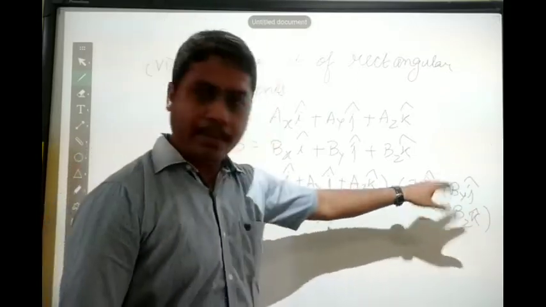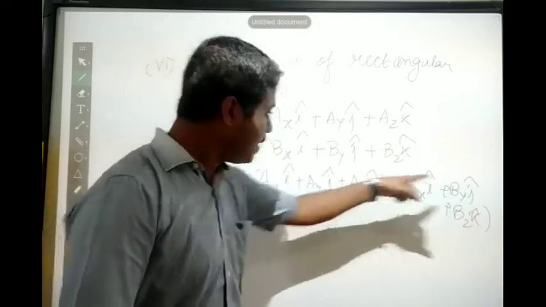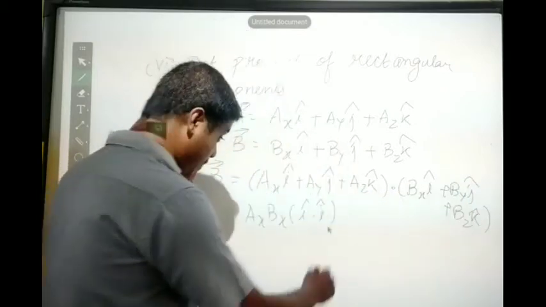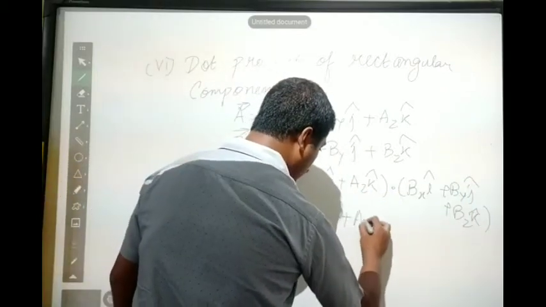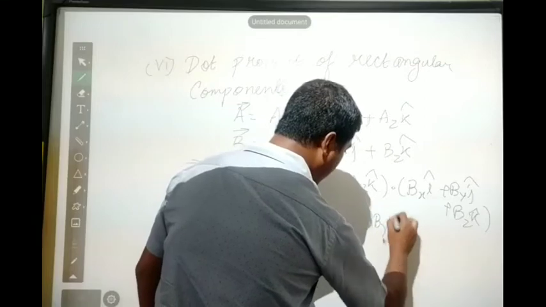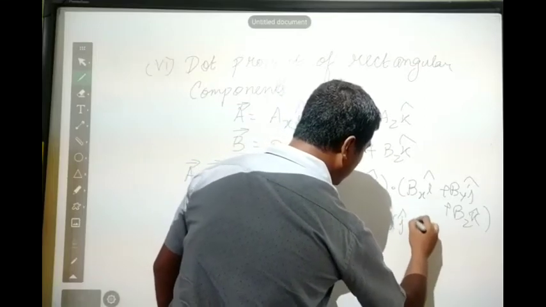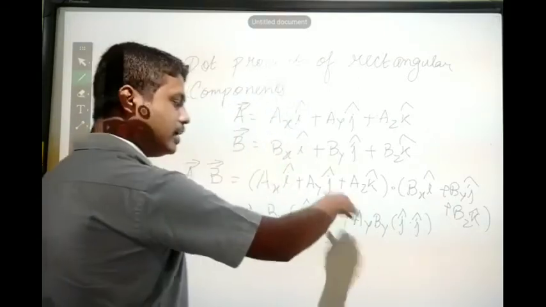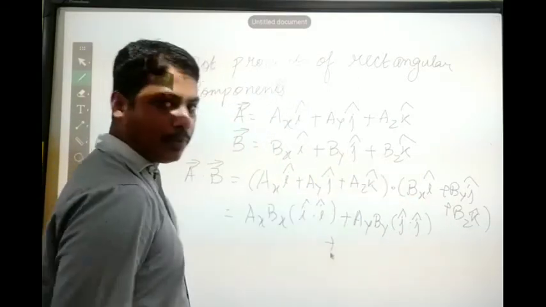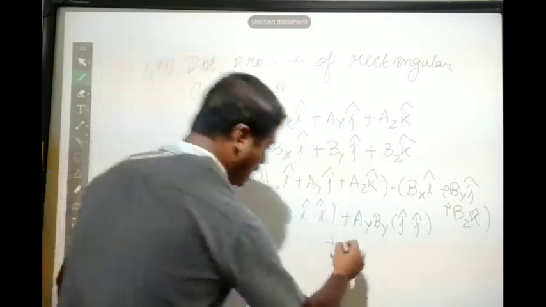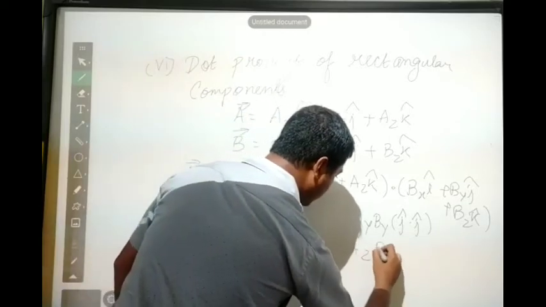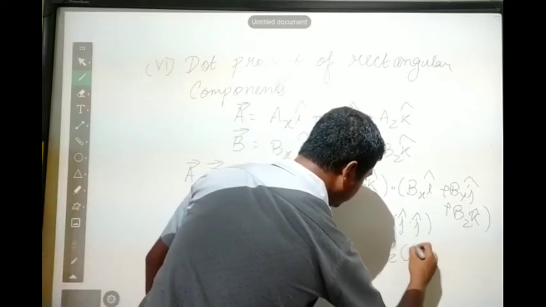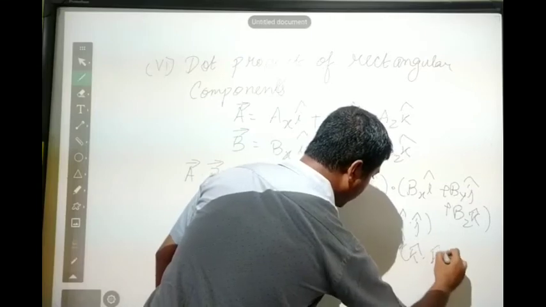j cap dot i cap is 0, j cap dot j cap will be 1, so I will be writing that part: ay by j cap dot j cap, plus the k cap dot k cap will be coming. Okay, so next will be your az bz k cap dot k cap.